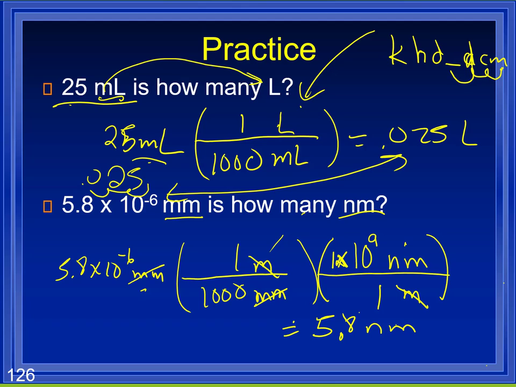So, if you go to your Canvas module, sorry about this, it just won't let me pick anything. There's a metric practice.